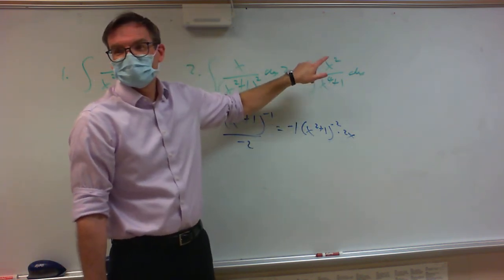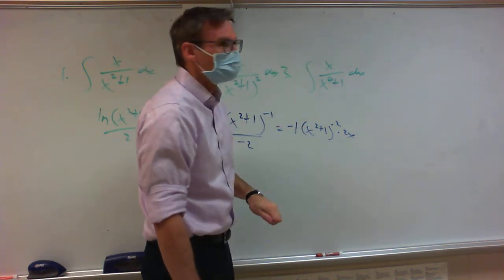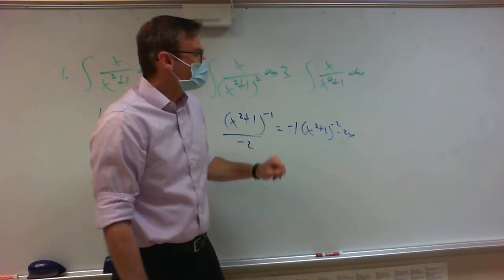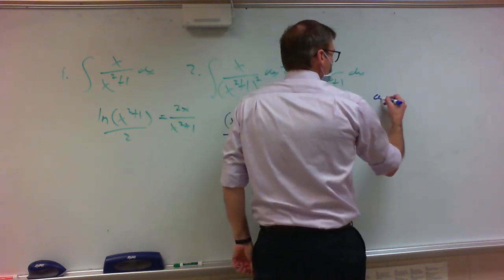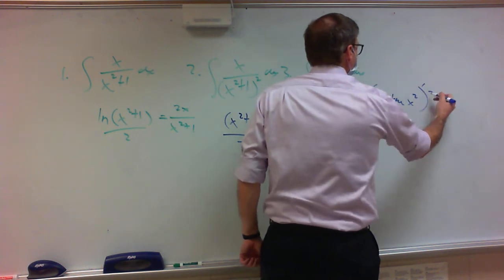Is the derivative of the bottom sitting on top? No. Actually, no, I needed an x, not an x squared, right? Can everybody see the derivative of the bottom is not sitting on top? Turns out, here, what I'd like everybody to do is take the derivative of arctangent of x squared and see how close you get.